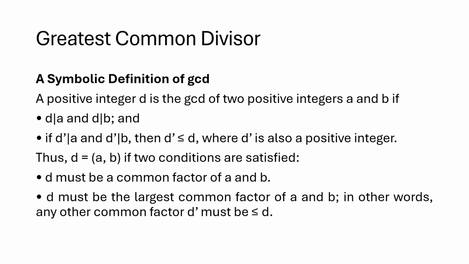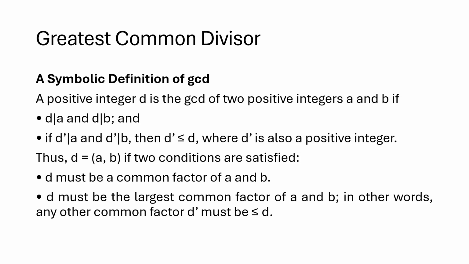Thus, d is the greatest common divisor if the two conditions are satisfied. So d must be a common factor of a and b, and d must be the largest common factor of a and b. In other words, any other common factor d' must be less than or equal to d.